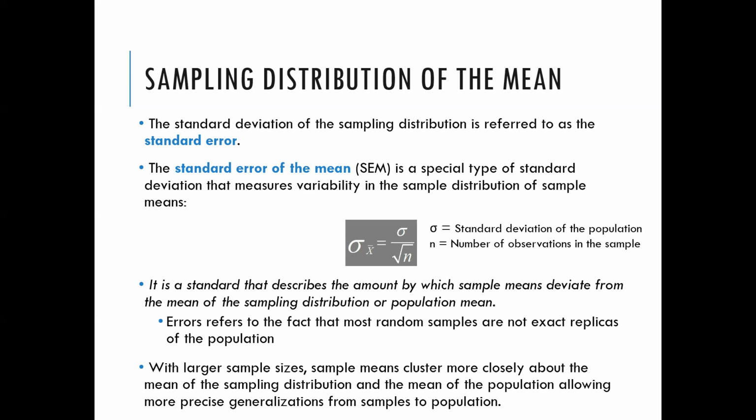Remember, those are equal. Errors refer to the fact that most random samples are not exact replicas of the population. Again, with larger sample sizes, sample means cluster more closely about the mean of the sampling distribution and the mean of the population, and that allows us to make more precise generalizations from the sample to the population.